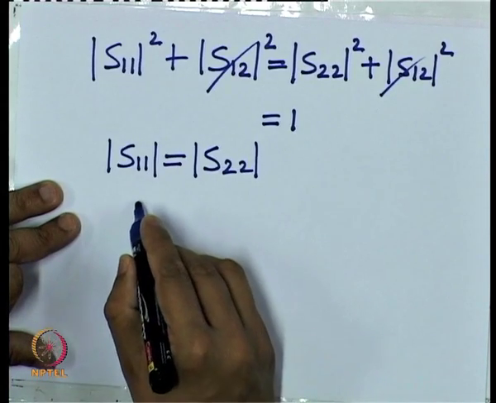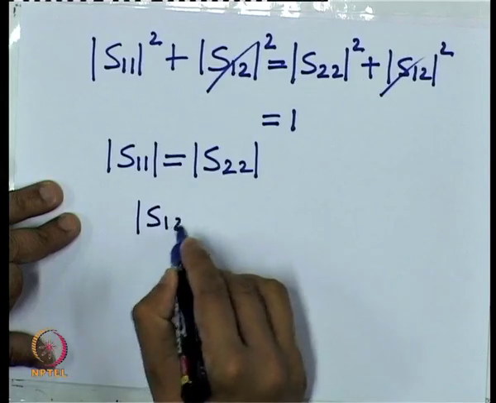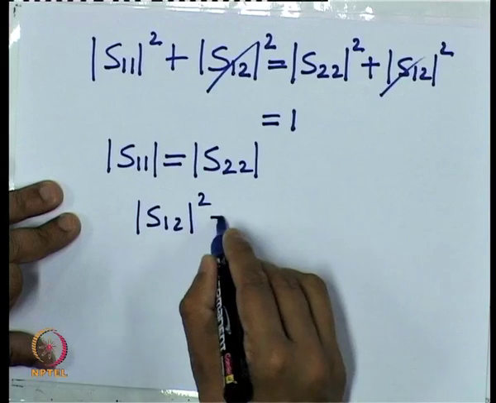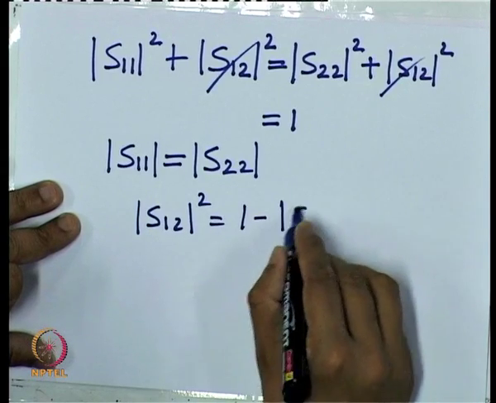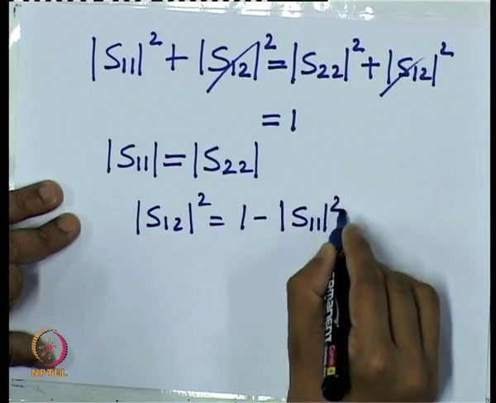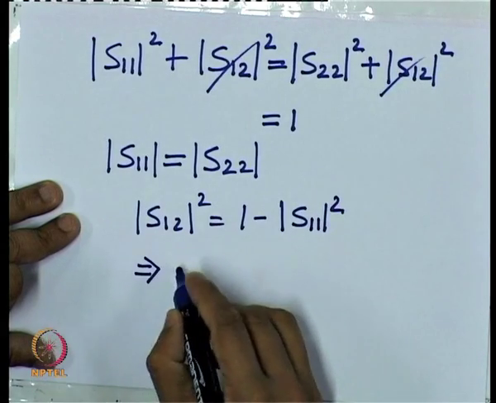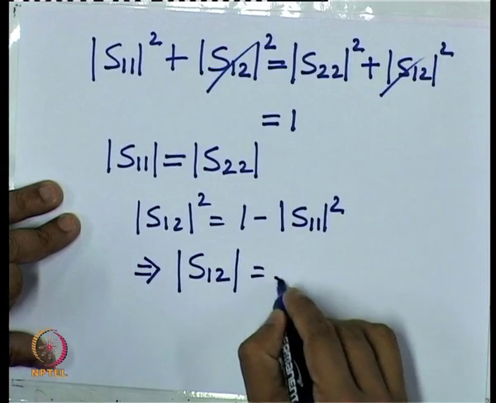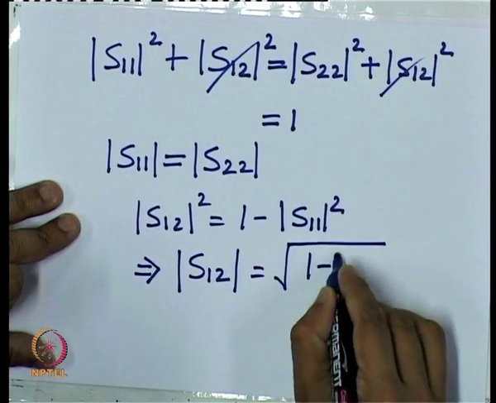And from this equation, modulus S12 squared is equal to 1 minus modulus S11 squared.